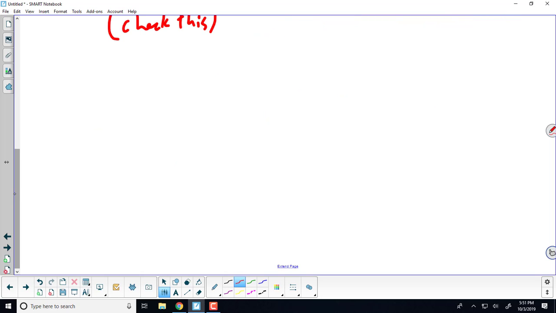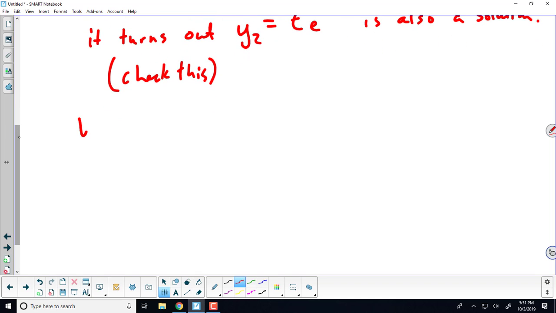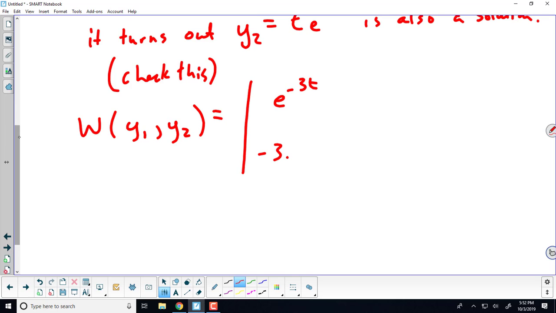So now let's compute the Wronskian of y1 and y2. Well, that is e to the minus 3t and minus 3e to the minus 3t. For the second one, we've got t e to the minus 3t, and here we've got to do a product rule, so there's minus 3t e to the minus 3t plus e to the minus 3t.